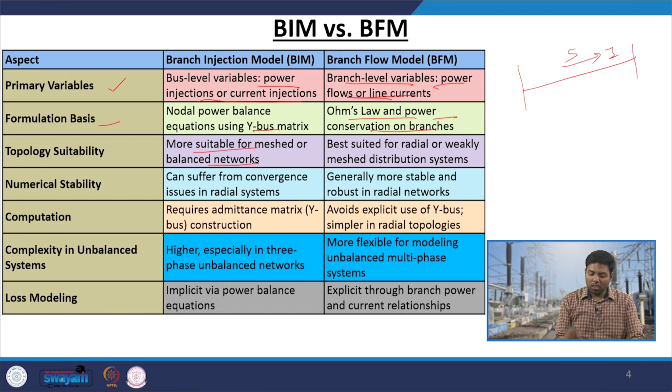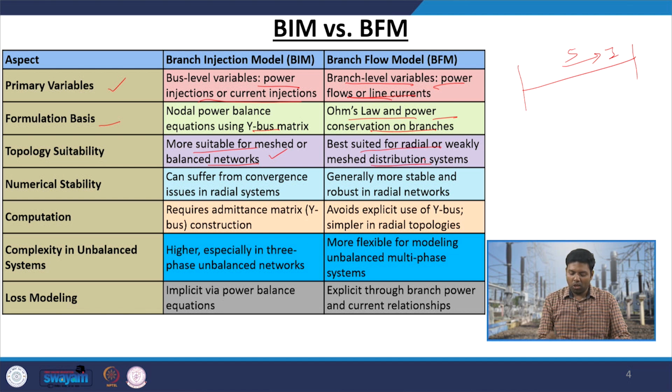The bus injection model is specially suited for mesh systems. You will see when we derive the mathematical model, it is more or less relevant to the transmission network Newton-Raphson load flow model. So, that is mostly suited when your network is meshed.